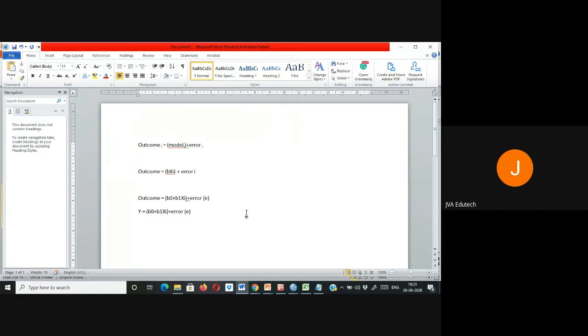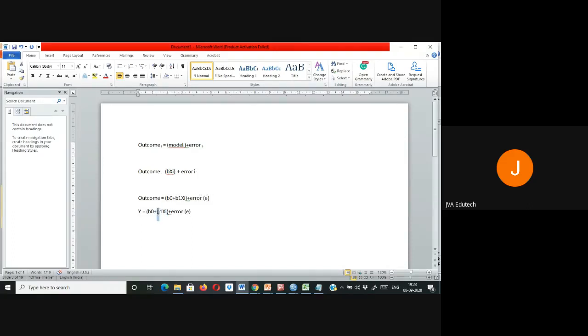A very important thing to note in this equation is that the outcome for a person can be predicted from the model, where the outcome variable y, we are trying to predict from a predictor variable x.